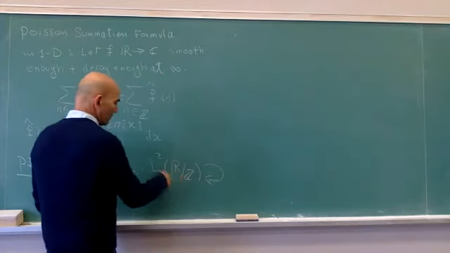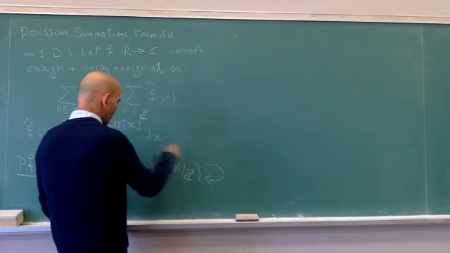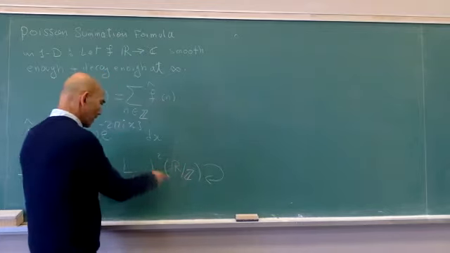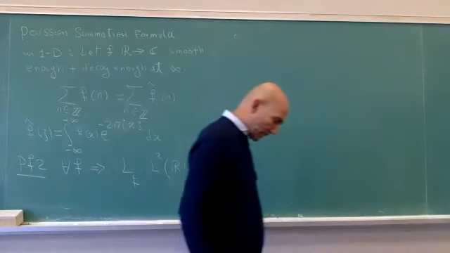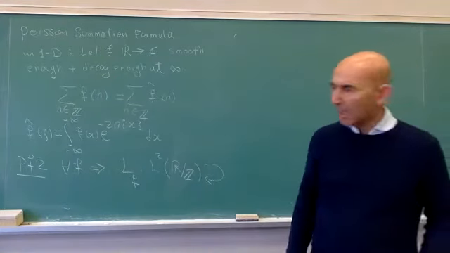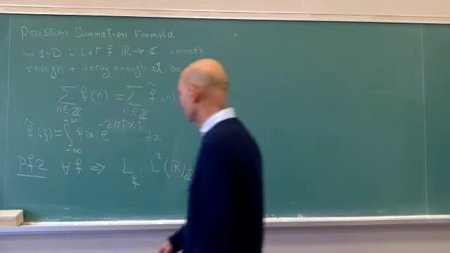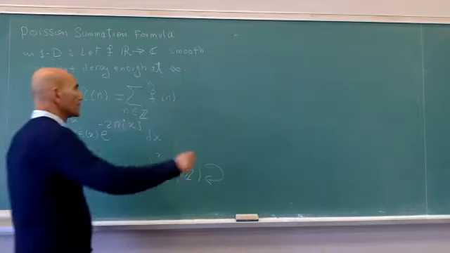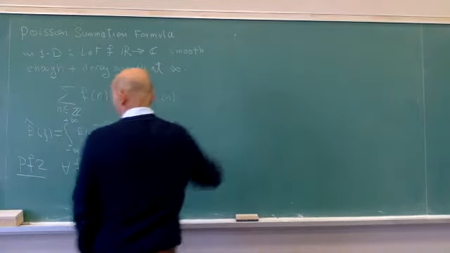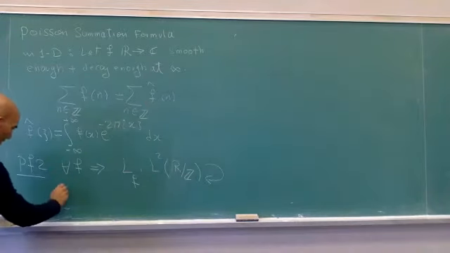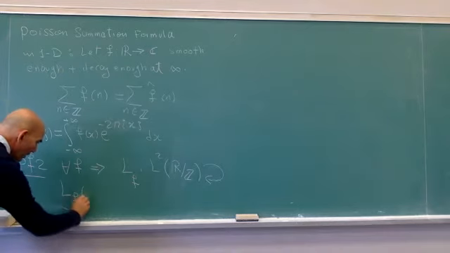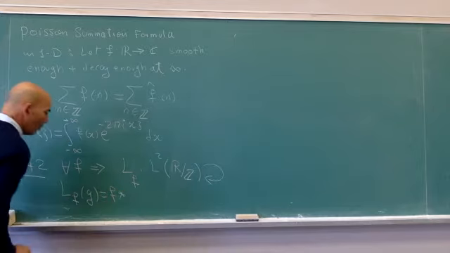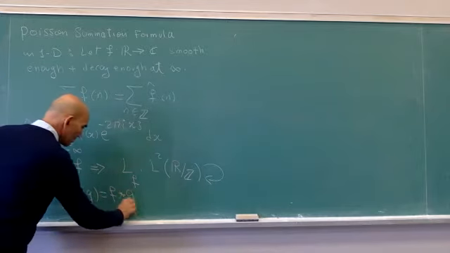You should think of this as the Hilbert space of square integrable functions on the circle. So this operator is basically the convolution product of f and the g over there. The operator is acting like this: L_f of g is equal to f convolved with g.